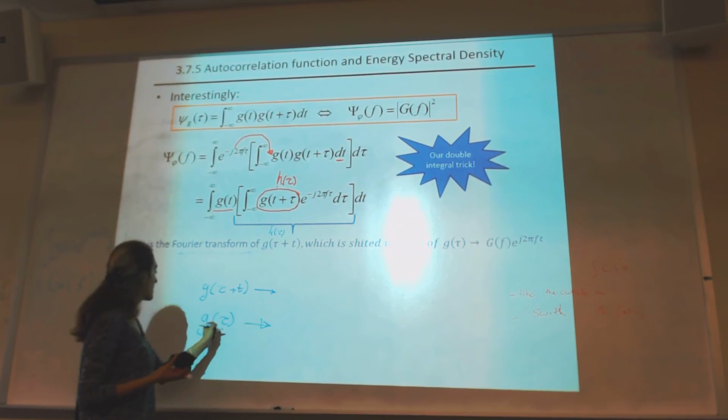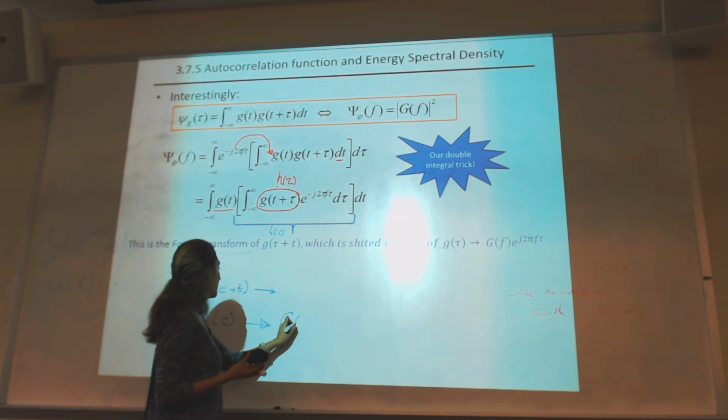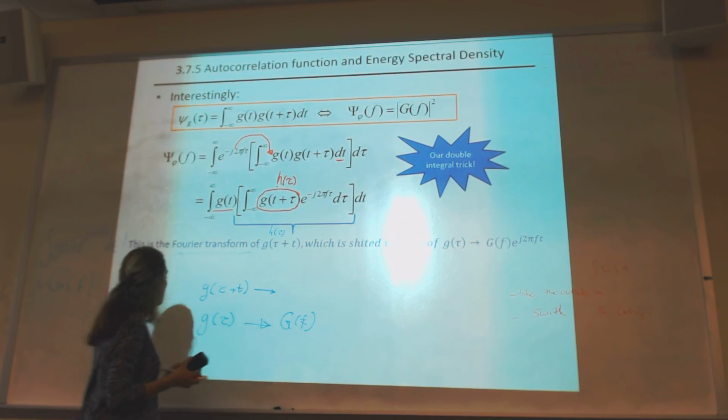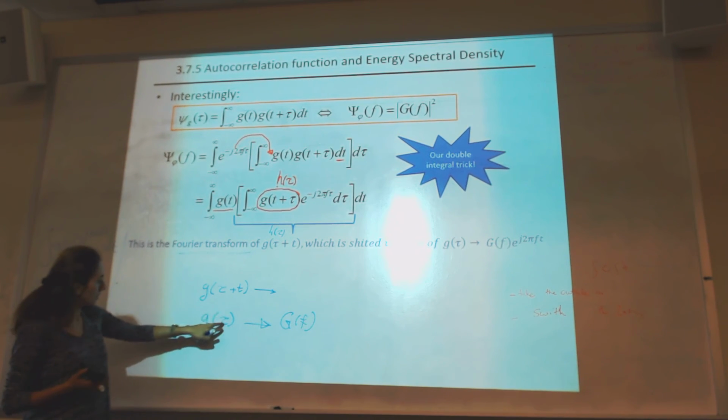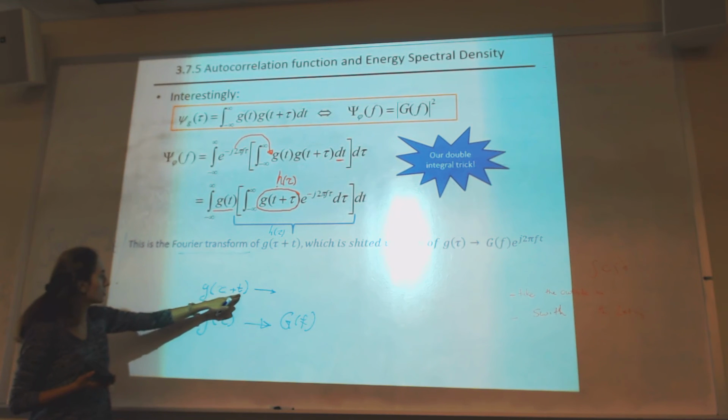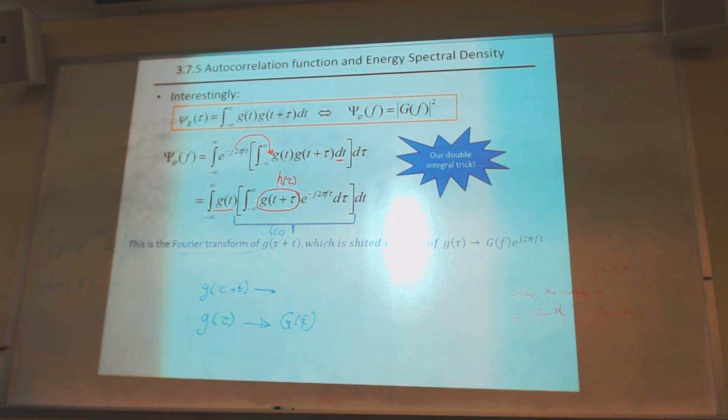So now if the Fourier transform of g(t) is G(f), then what is the Fourier transform of g of tau shifted? Which version?